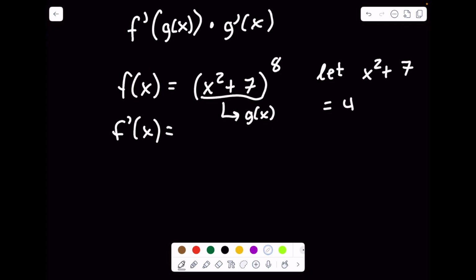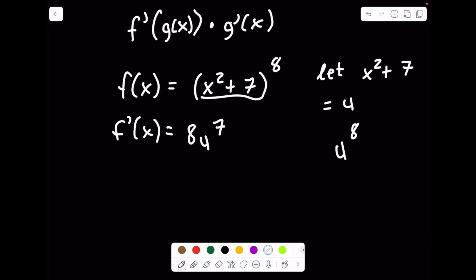So the full function is just u to the 8th power. Taking the derivative of u to the 8th power, you bring down that 8 to act as a coefficient and subtract 1 from the exponent. That's just the power rule. So we get 8u to the 7th power.